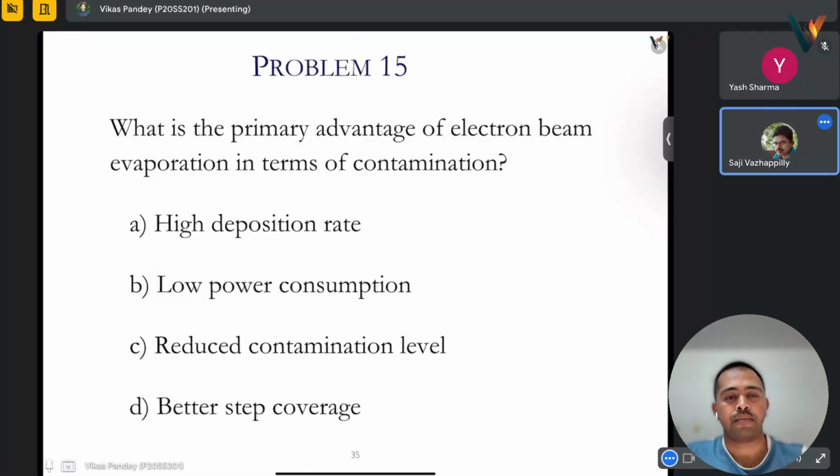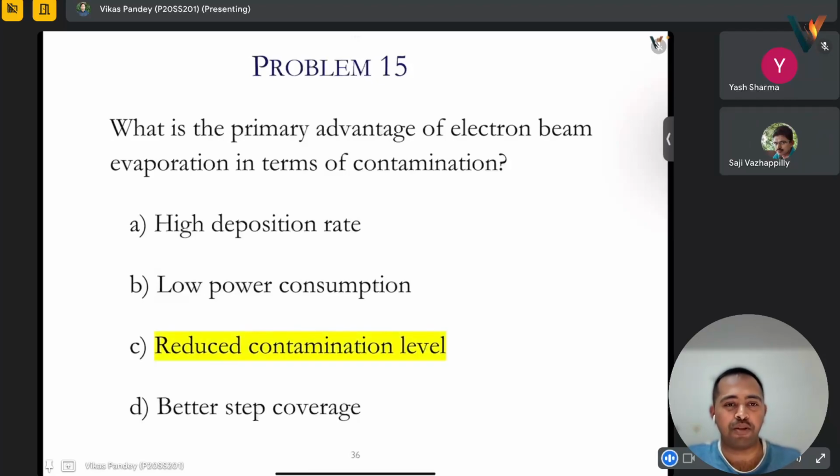High deposition rate or reduced contamination. Reduced contamination, because that is in the question itself. The answer is it is having a reduced contamination level.